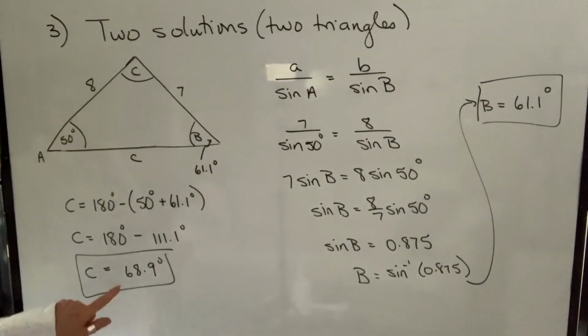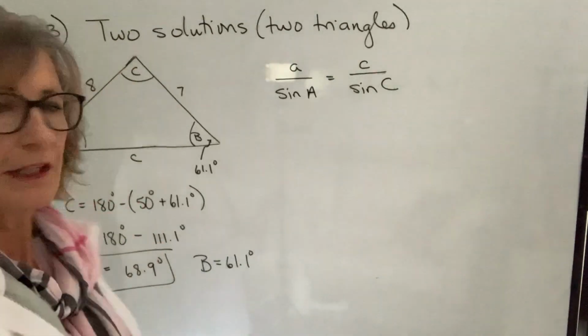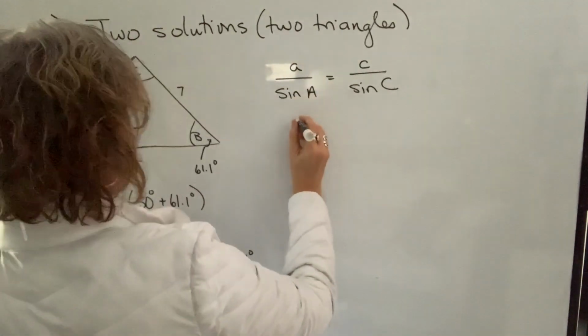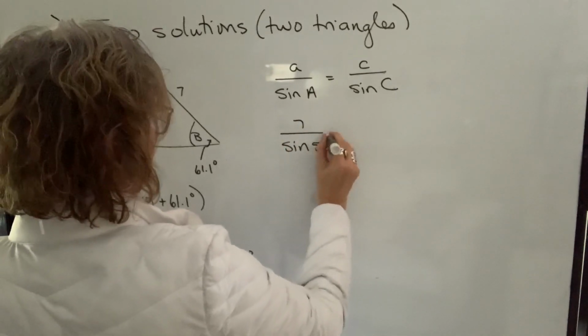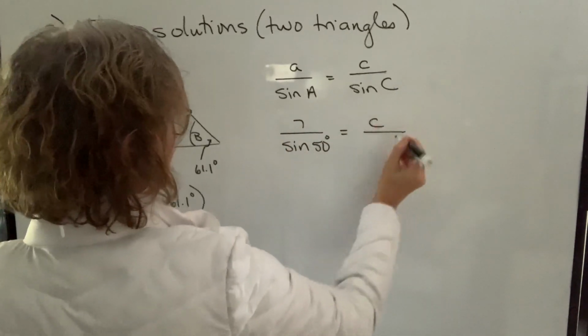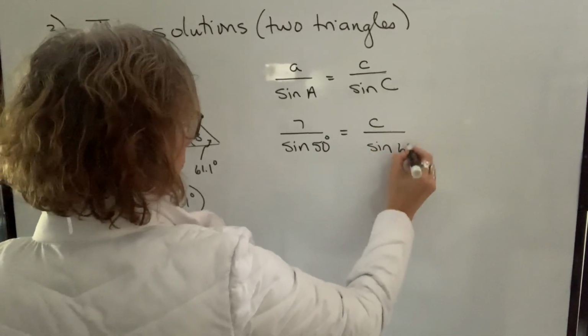Then we can use angle C to find side C. We plug in our values for side A and angle A. Side C is what we're finding. And angle C is 68.9 degrees.